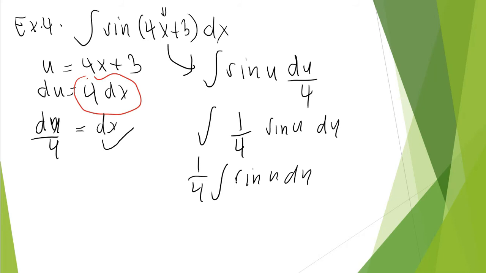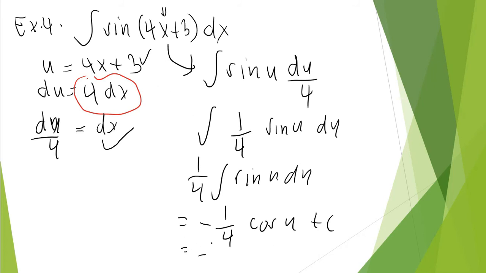Okay, now we are ready to integrate sine u du. So, sine u du is negative. Ilagay natin yung negative sign sa left side. Negative 1/4. Nilabas natin yung 1/4. So, the integral of sine u du is negative cosine u plus c. And then now we substitute the value of u, yung 4x plus 3, dun sa u.